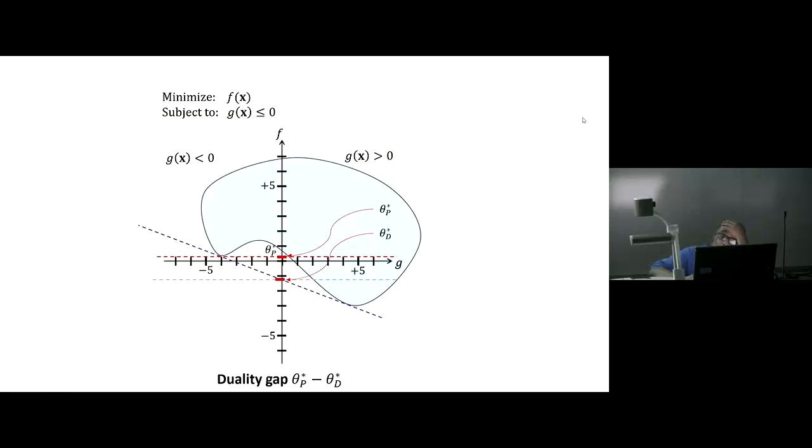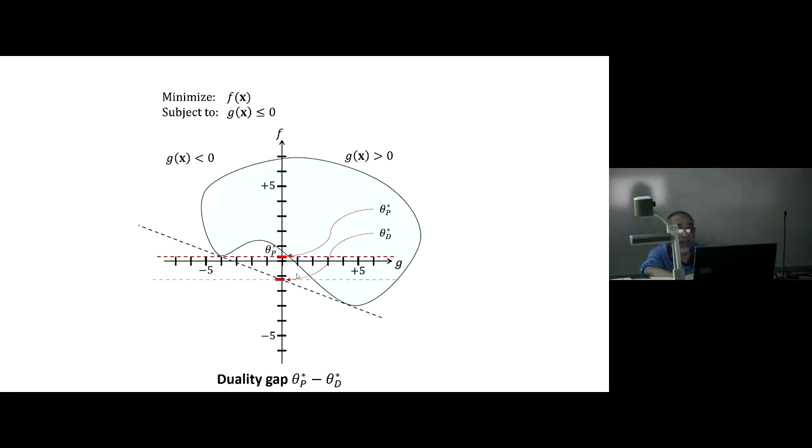Okay, now let's look at the duality gap. So this is theta p star. For theta p star, what did we do? We ignored the infeasible region where g was greater than 0. And on this side, we drew a horizontal line that was tangent. And that gave us theta p star.